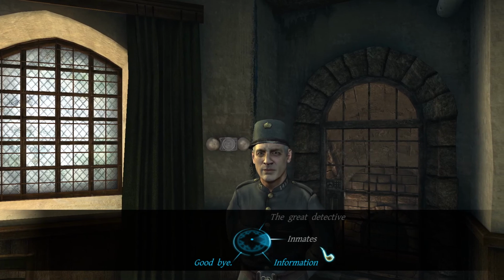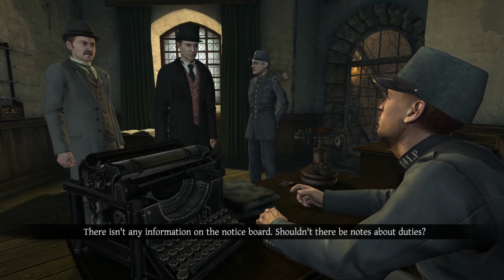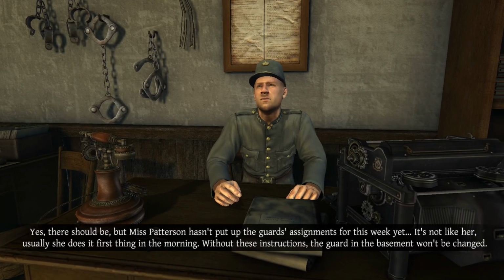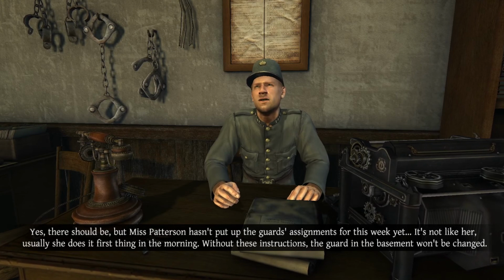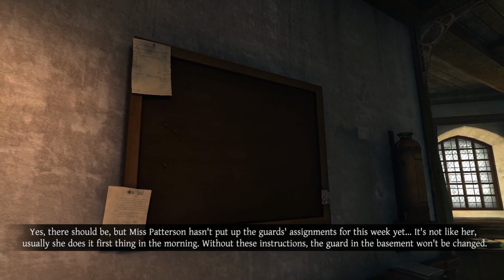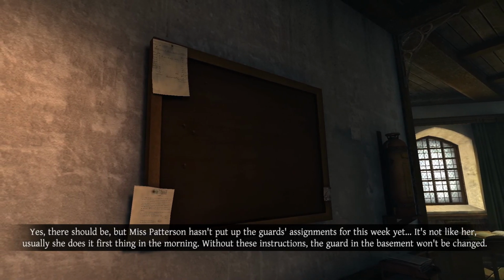Funny guys. What about the information? There isn't any information on the notice board. Should there be notes about duties? Yes, there should be, but Miss Patterson hasn't put up the guards' assignments for this week yet. It's not like her. Usually she does it first thing in the morning. Without these instructions, the guard in the basement won't be changed.